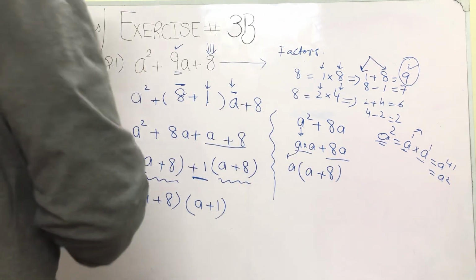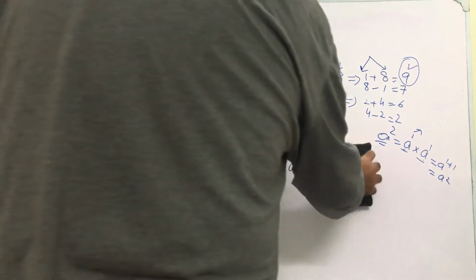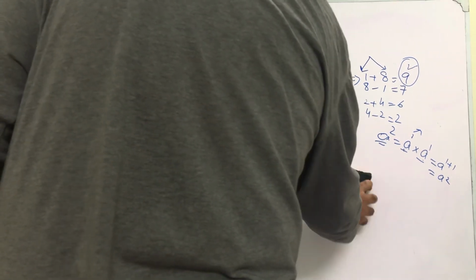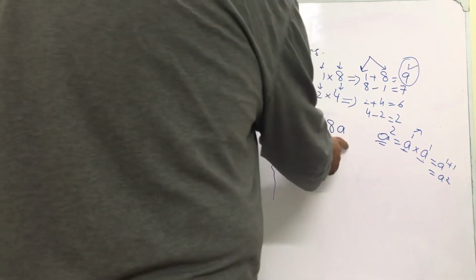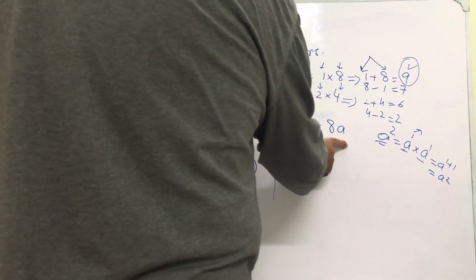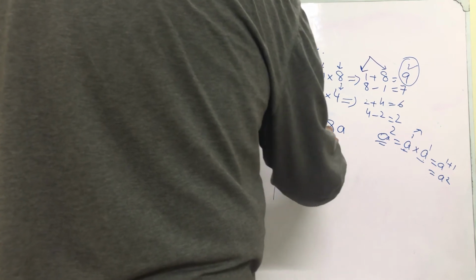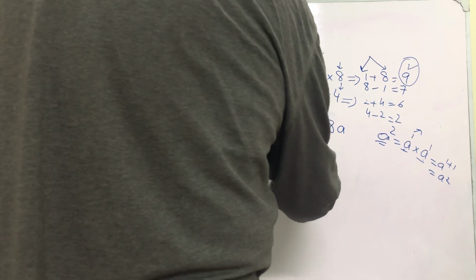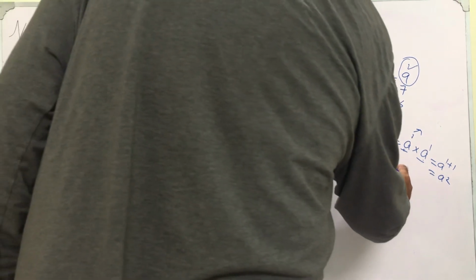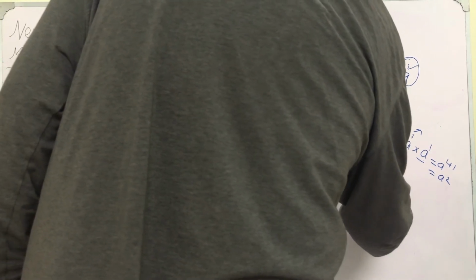Or if I want to make you understand, there is another way to understand this. When you take common from this, it means you need to divide with that common. If you take a out of this, it means we are dividing a square with a.